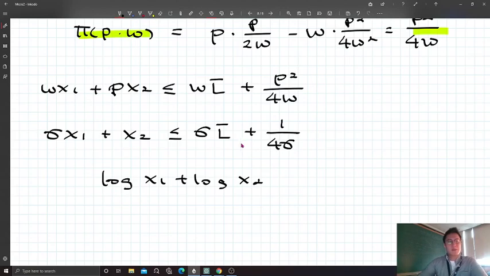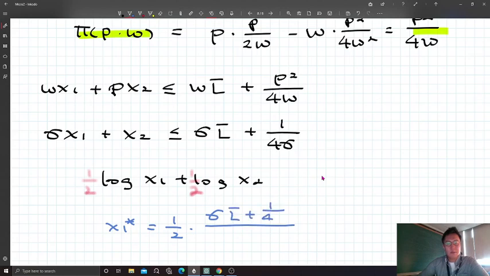And then the consumer's utility was Cobb-Douglas, log x1 plus log x2. So given this budget constraint, the way to maximize utility is, because now the weight is 1/2 and 1/2, this consumer has equal weight on leisure and the good, right? So with this weight 1/2, the optimal choice for leisure x1 star is 1/2 times his income, sigma L bar plus 1 over 4 sigma, divided by the price.